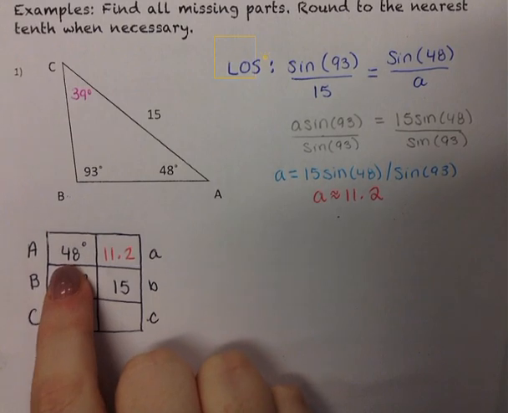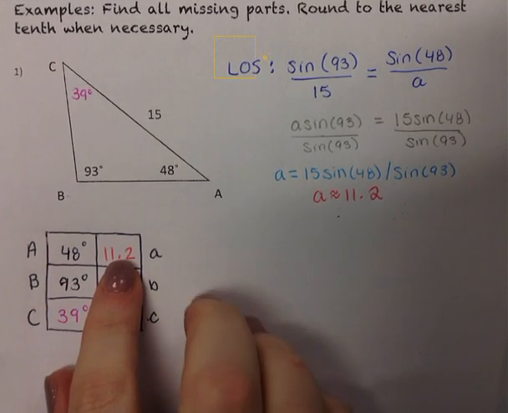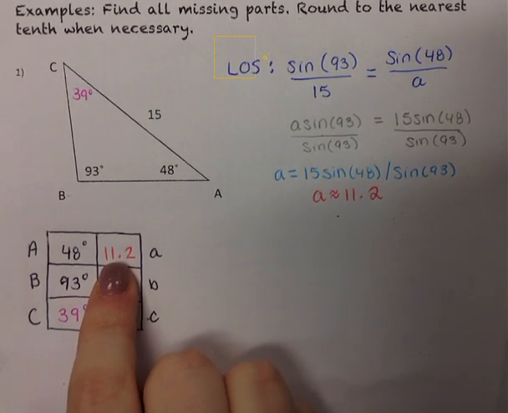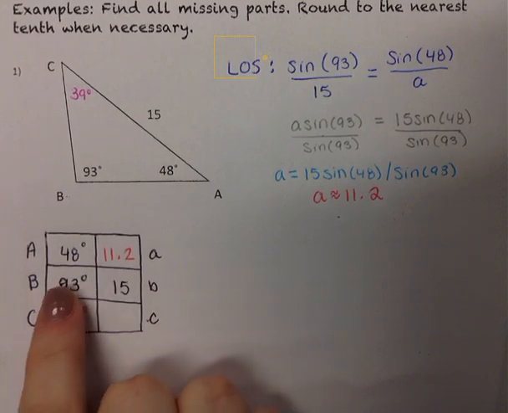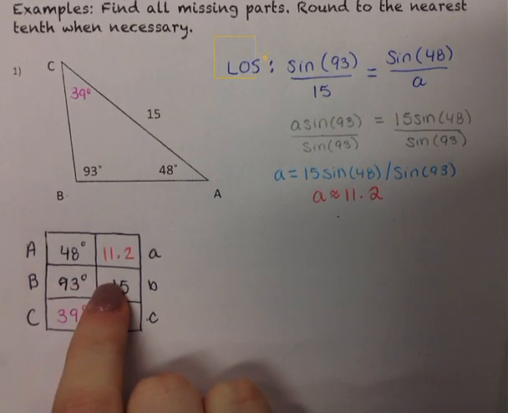You could potentially use sine of 48 over 11.2 to set up your proportion. However, this could always be wrong. If you use a rounded answer, your answer is going to be even more rounded. The information that you are already given is the information you should continue to use.